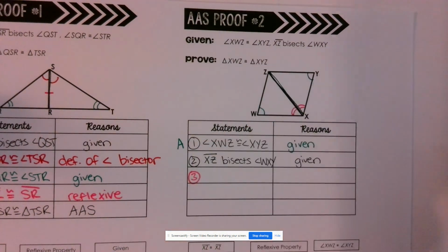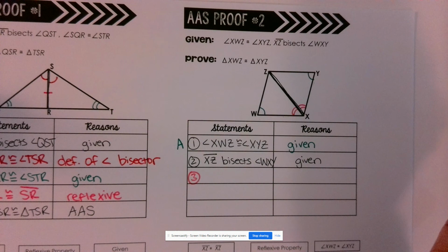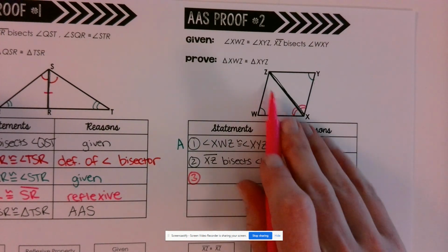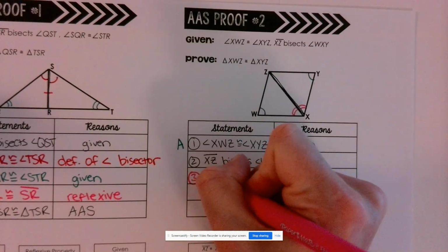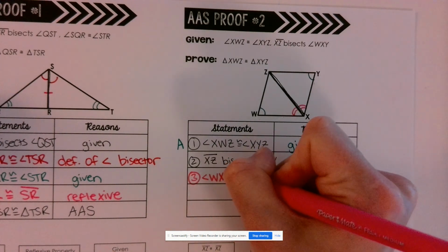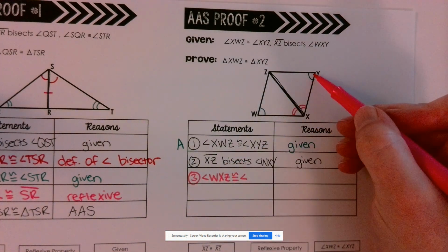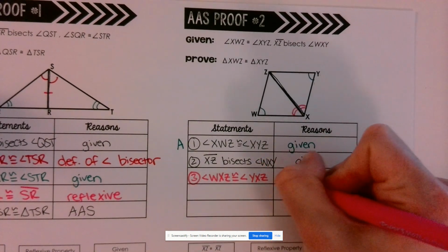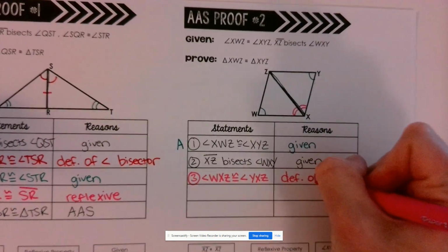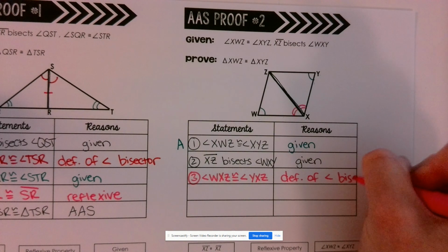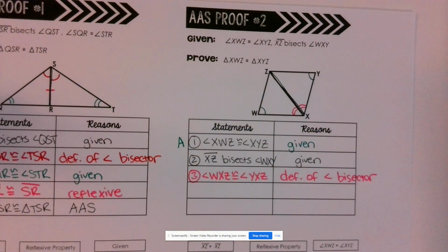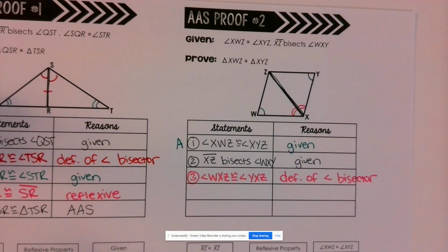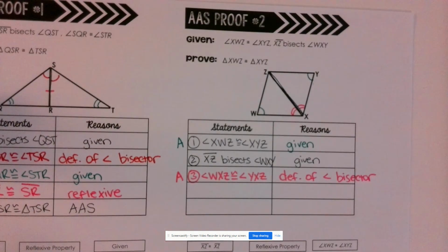So for our third statement, we're going to say angle WXZ is congruent to angle YXZ by the definition of angle bisector. That gets us another pair of congruent angles.